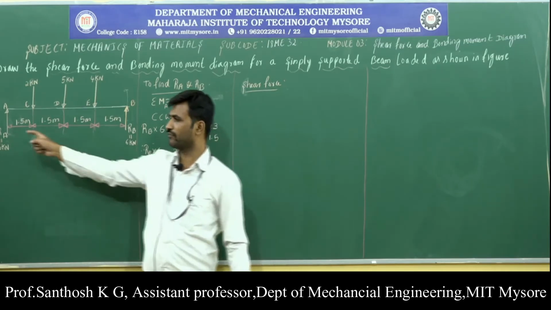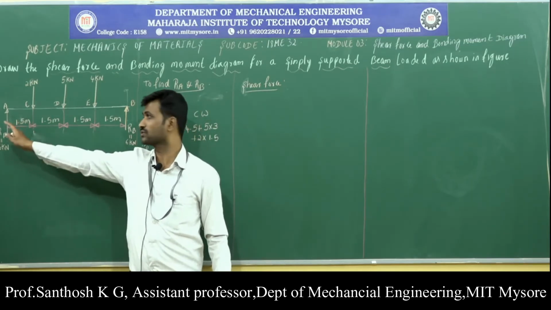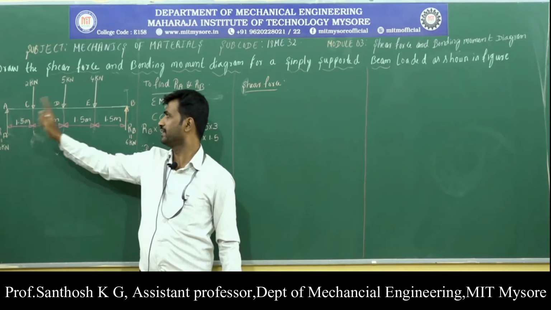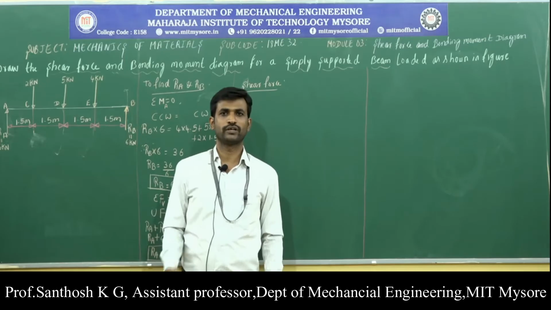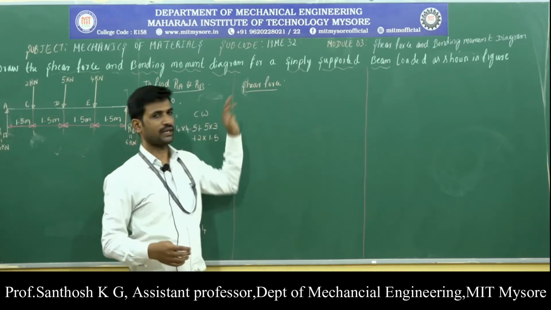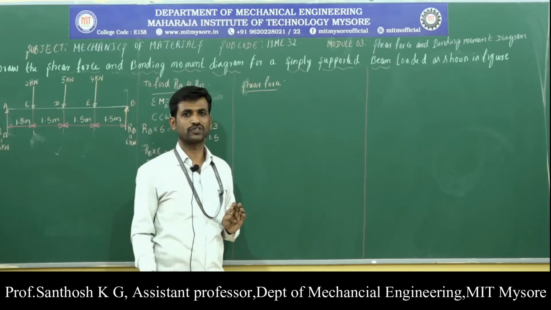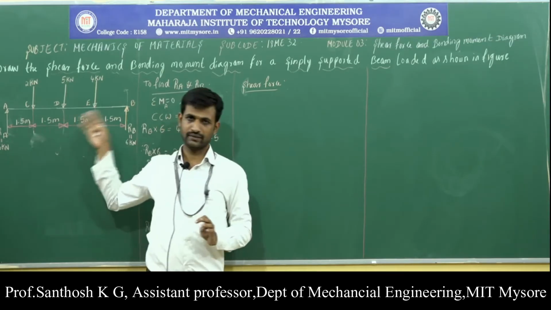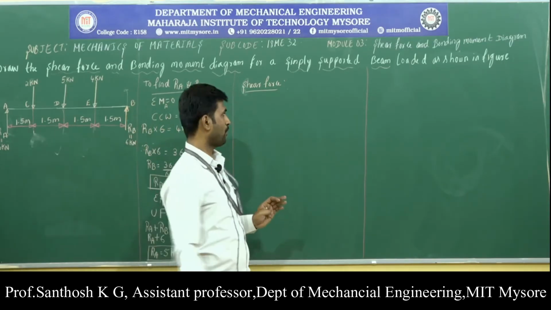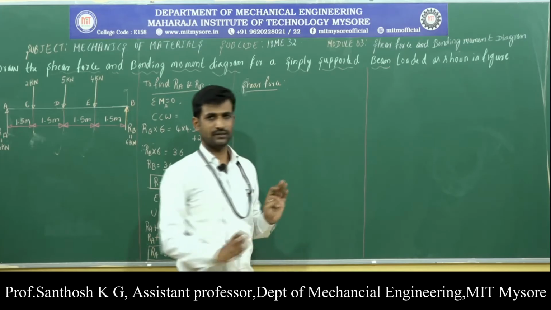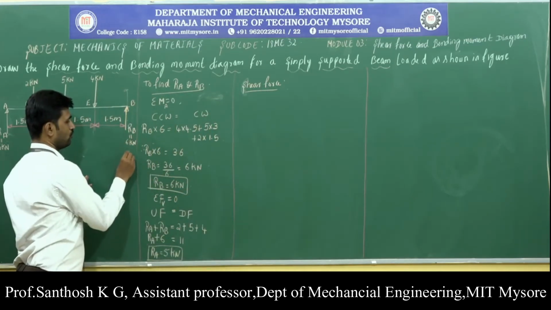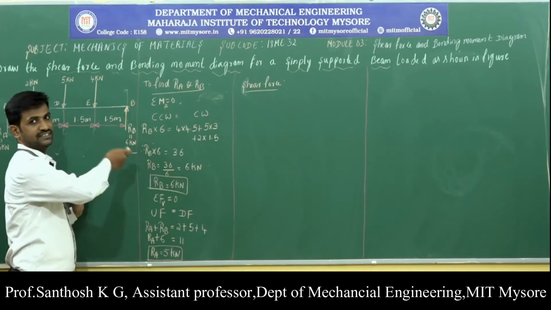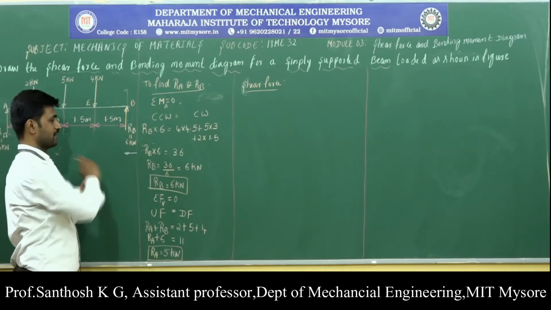Here we have 5 salient points: A, C, D, E and B. In order to determine the shear forces acting at the various salient points, we shall make the convention that we are always going to move from right side to left side.